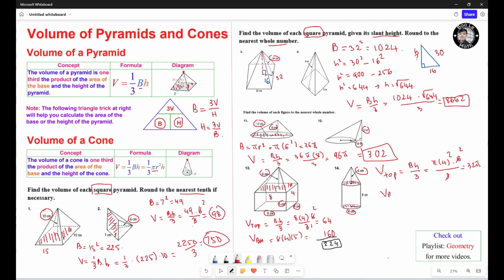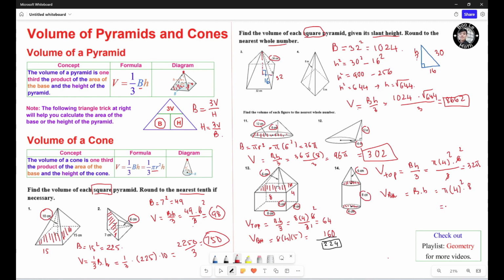Now V bottom equals base times height, because this is a cylinder. The area of the base is going to be pi r squared, times height. The height is 8 right here.